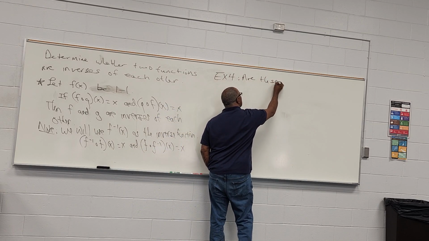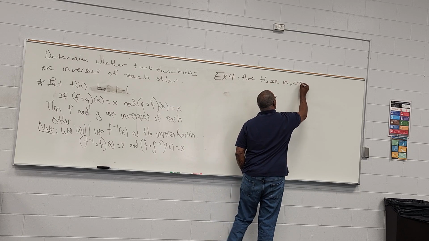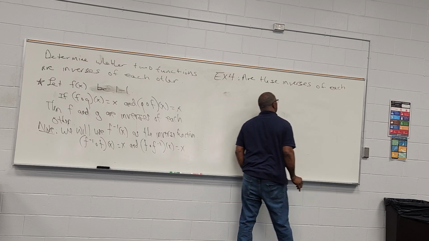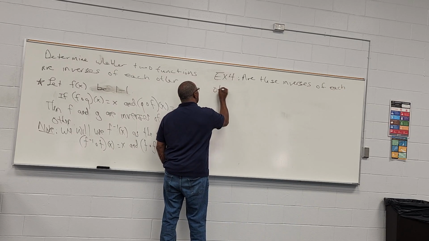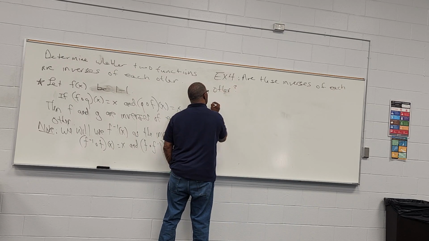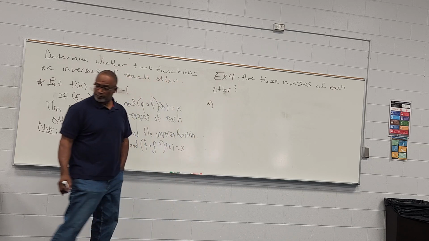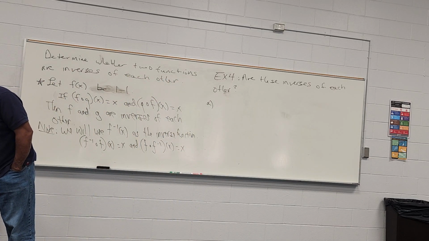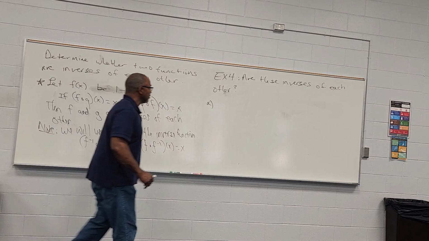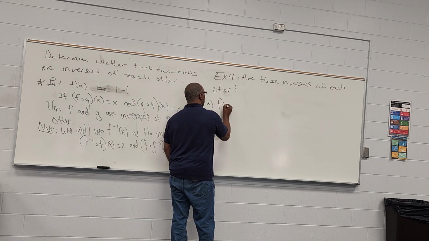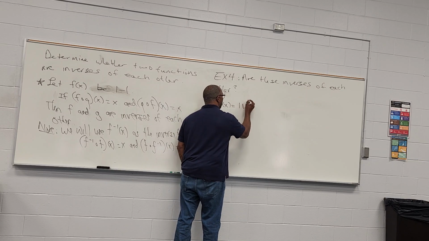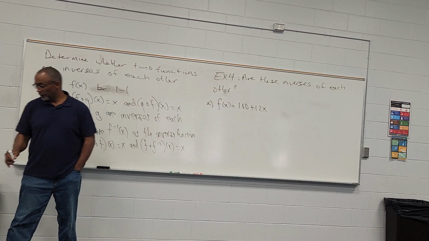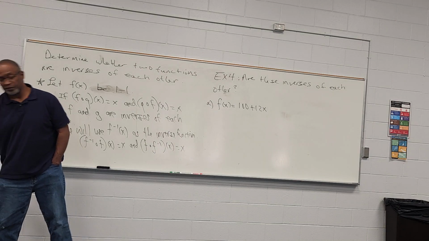Are these inverses of each other? So A, they give me f of x equals 100 plus 12x, and g of x equals x minus 100 over 12.